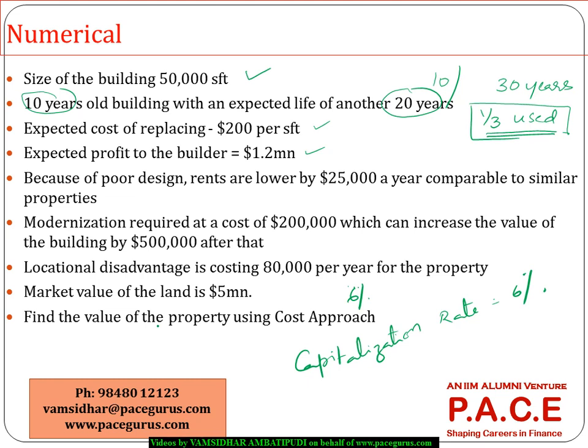All these are estimates, and based on these corrections we are trying to arrive at the value of the property. Generally this kind of mechanism is used when very few comparable properties are available, because we are looking at each property as a specific thing in this case.